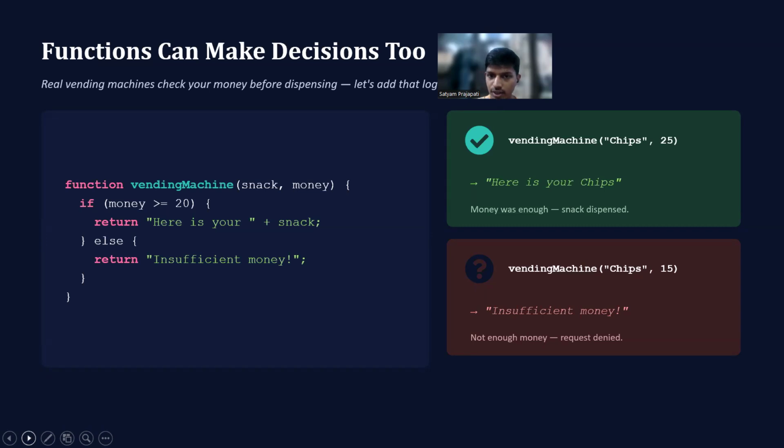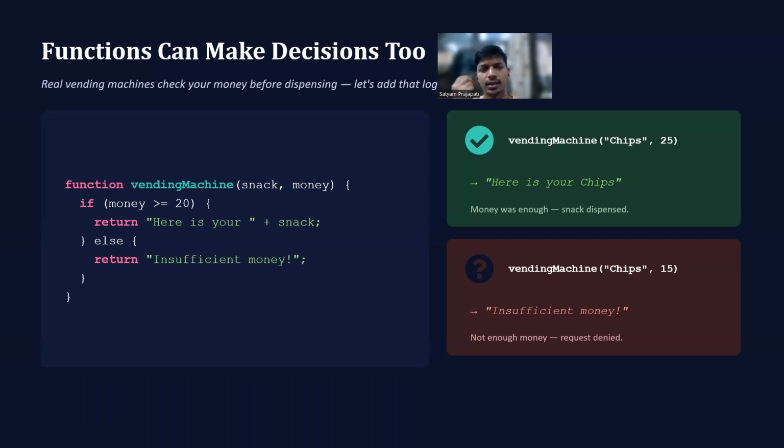A function can make a decision too. This is the logic, and here you give the snacks only if the money is greater than 20 rupees. So it takes a decision too. It's not only the money; you can put the snacks as the item, like coffee, candy, or tea.